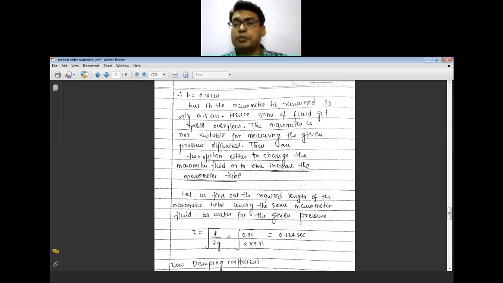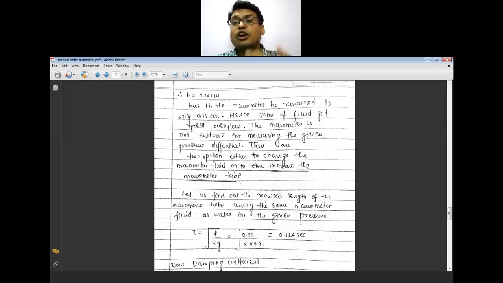There are two options: one is to change the manometric fluid, or to increase the manometer tube length. Instead of keeping only 15 centimeters of space above the manometer liquid, I have to increase the length of the manometer, or I can change the manometric fluid so that its density is increased.